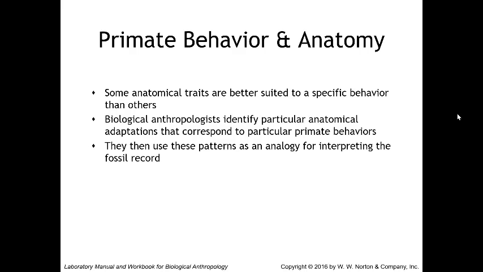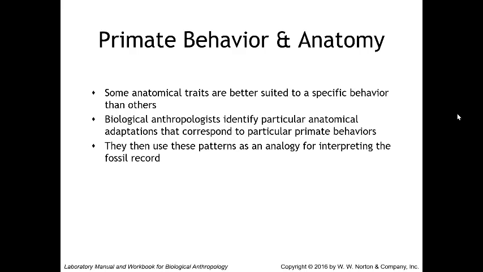Biological anthropologists will identify particular anatomical adaptations that correspond to a particular primate behavior. They then use these patterns as an analogy for interpreting the fossil record. This is helpful because we cannot directly observe these extinct species, right? We can use what we know about living primate anatomy and their behavior to help us interpret the fossil record.